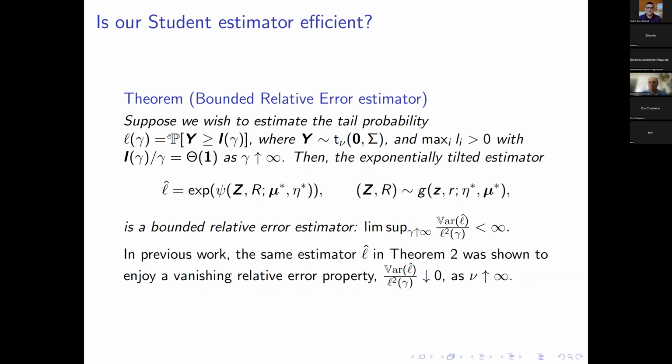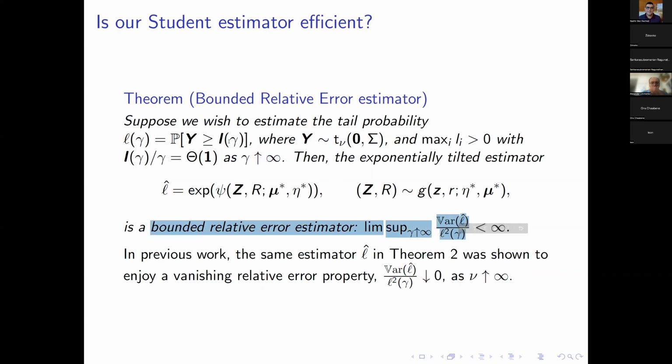What this means is that if I try to estimate the probability that a multivariate student vector with a certain covariance matrix exceeds a threshold L, where L satisfies certain conditions, these asymptotic conditions are parameterized by gamma. So gamma is some kind of rarity parameter. Then I have a bounded relative error.